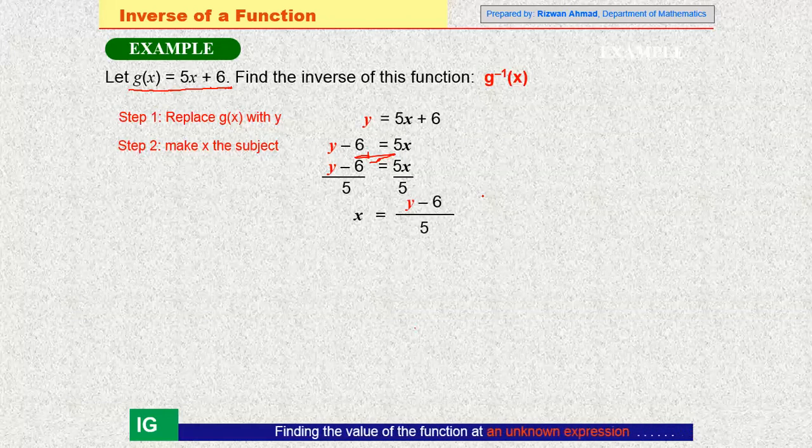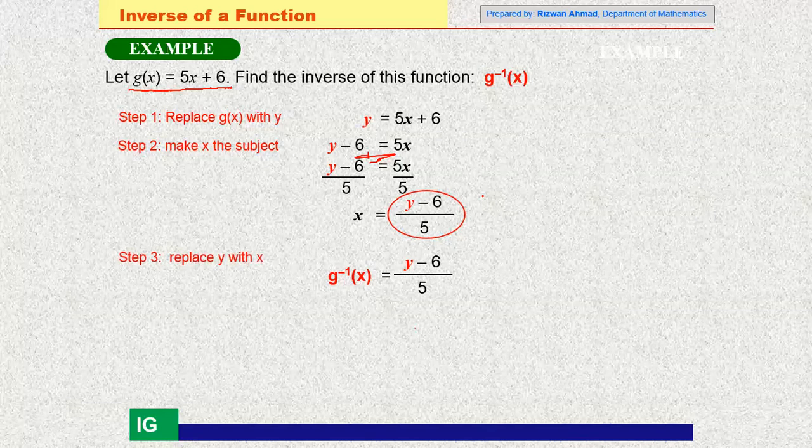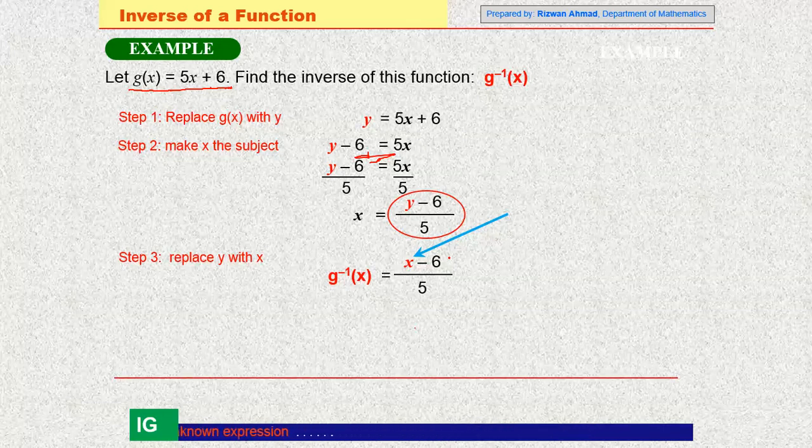So actually we got the inverse function here, but since it must be in terms of x, we will replace all the y's on the right side with x. Only one y we have here, so this y will be replaced with x. So this is the result, that the inverse function is x minus 6 over 5.